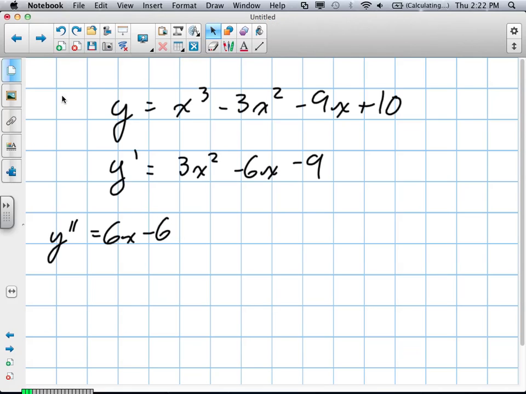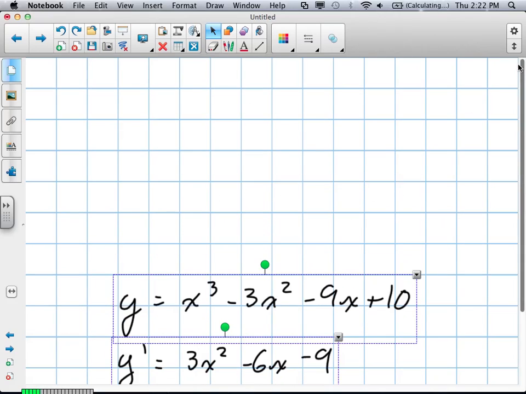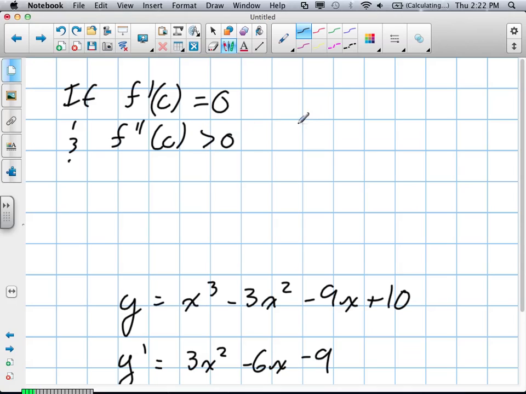Critical points are important, and we're going to put a couple rules above with them. If f prime c, and c stands for critical point, is equal to 0, so we put it into our first derivative. If it equals 0, and if f double prime at c is greater than 0, we have a local minimum.